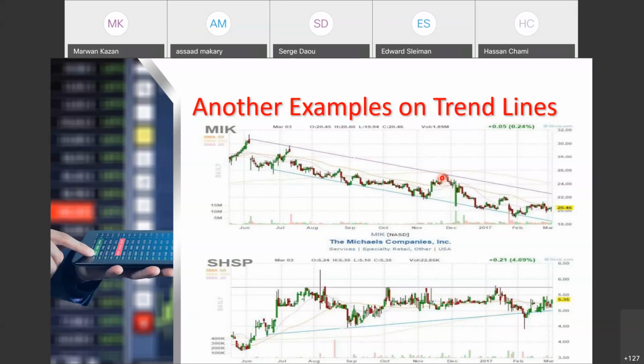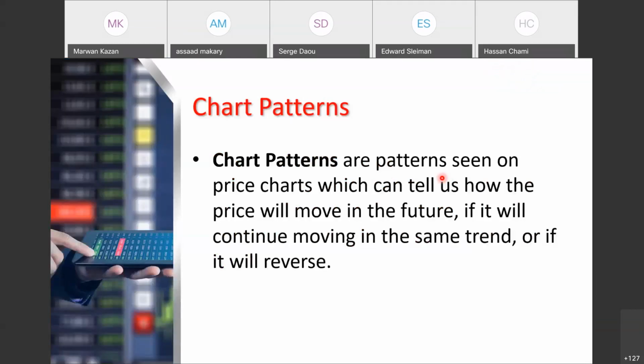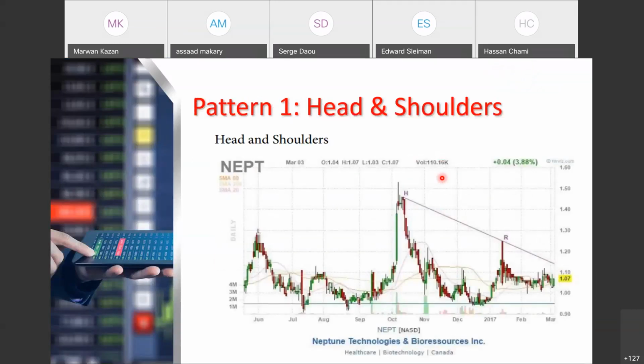Okay. Now let's talk about chart patterns. We said what chart patterns are. So pattern number one, head and shoulders, not the shampoo. This is the chart pattern. You simply find two shoulders and a head in between: the left shoulder, the head, the right shoulder.